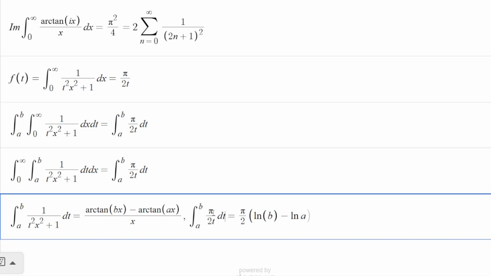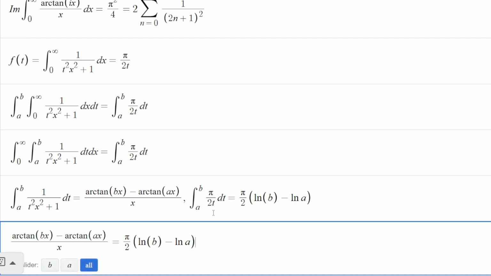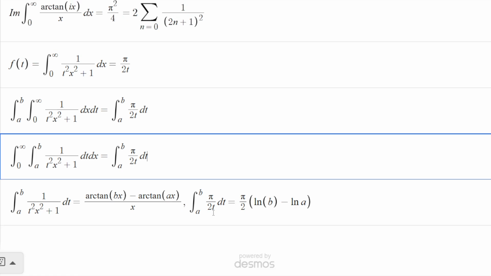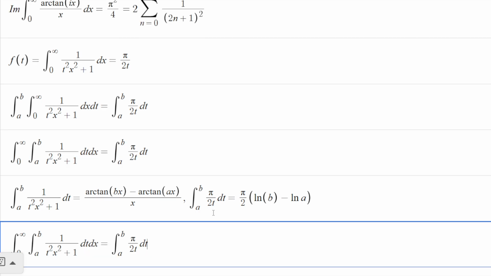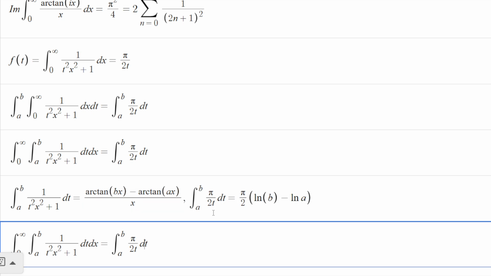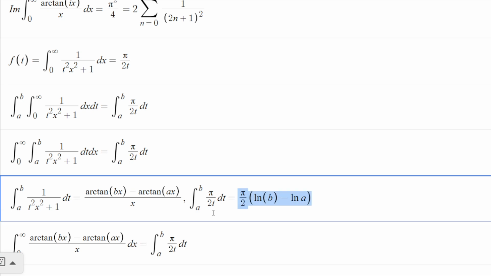So what this gives us is this. Oh, no, that's totally wrong. Okay, we started here. So this means that the integral from 0 to infinity of this dx is equal to this.